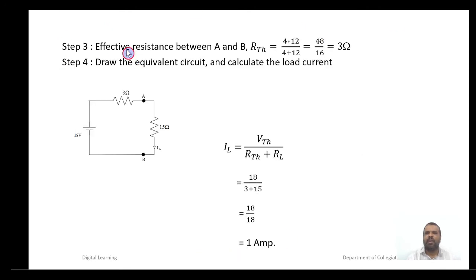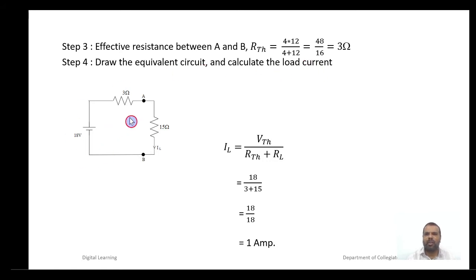Step 3. Effective resistance between A and B. RTH is equal to 4 into 12 divided by 4 plus 12, that is 48 divided by 16, that is 3 ohms. Step 4. Draw the equivalent circuit and calculate the load current.